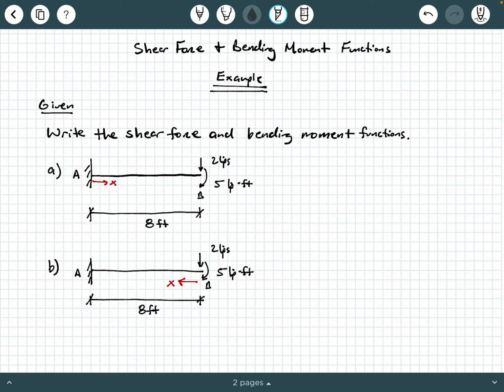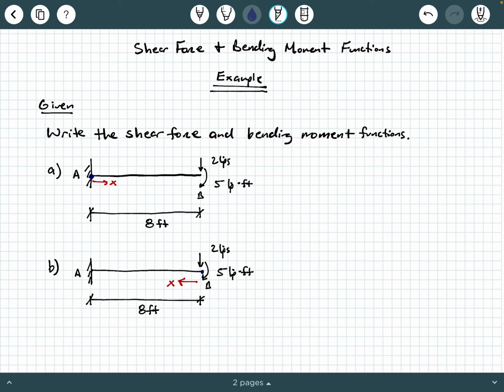In the first part, we're defining our origin as the fixed end, and our location variable x is pointing to the right from that fixed end origin at point A. Whereas in part B, our origin is defined at the free end, and x is pointing to the left, coming off the origin at the free end B. So everything is the same except what we're defining as our origin and where we're pulling our location variable off from.